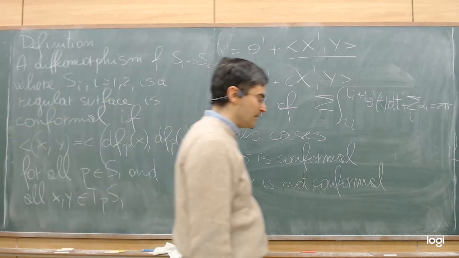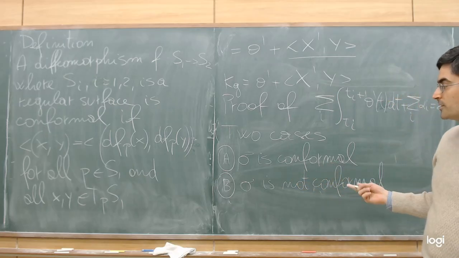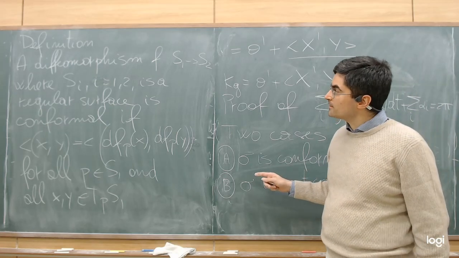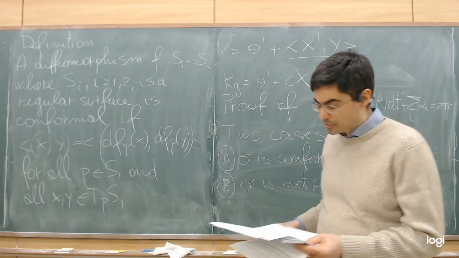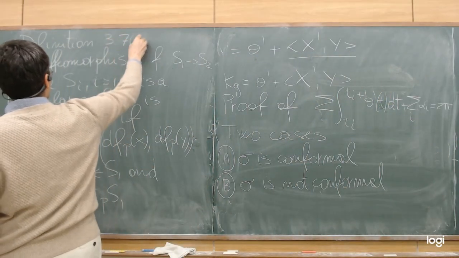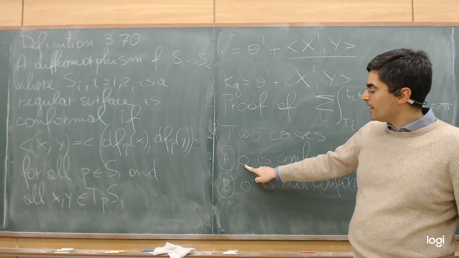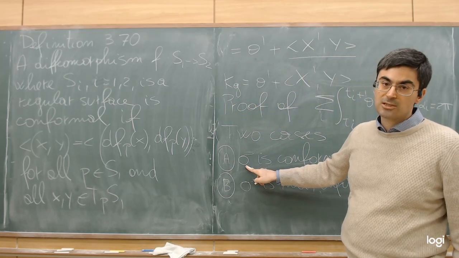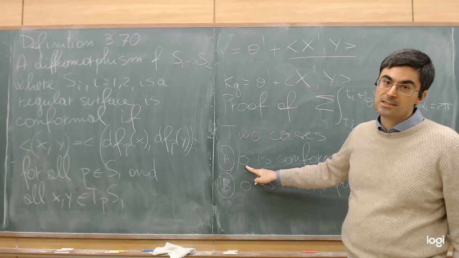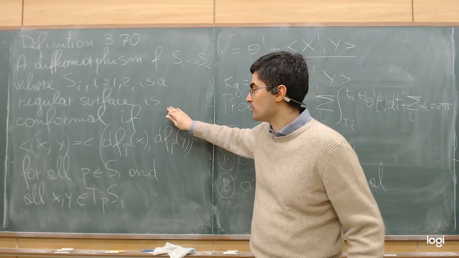Sigma is not a map defined between two regular surfaces, but you can use this definition anyway, which is definition 3.70. Why? Because the domain of sigma, which is an open set in R2, can be seen as a regular surface. So I can keep using this definition here.